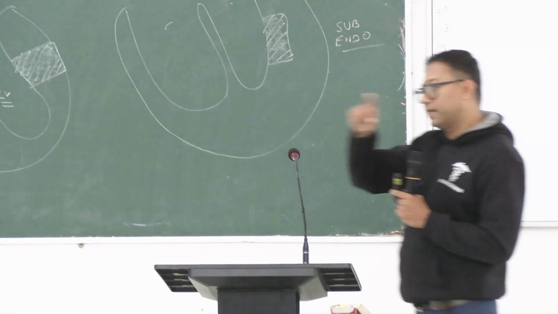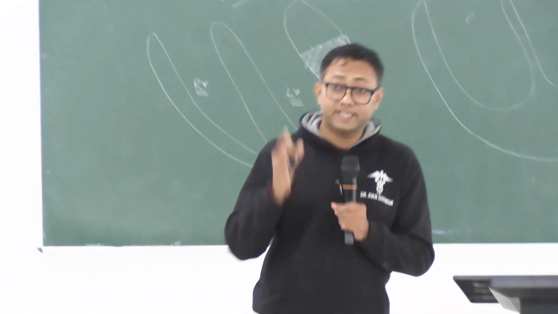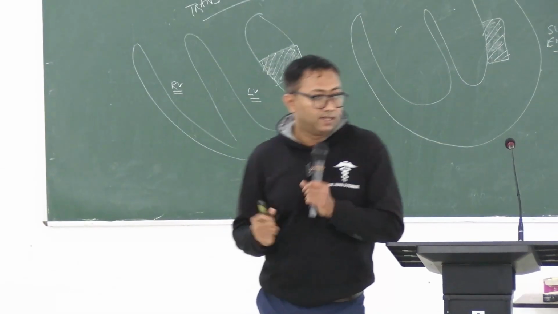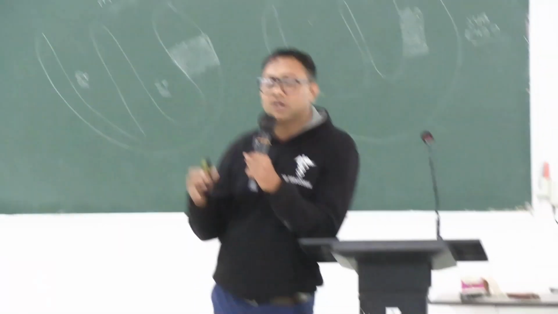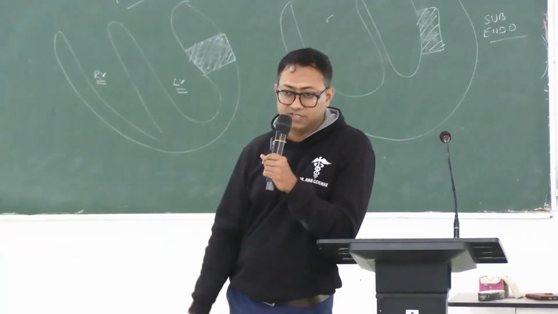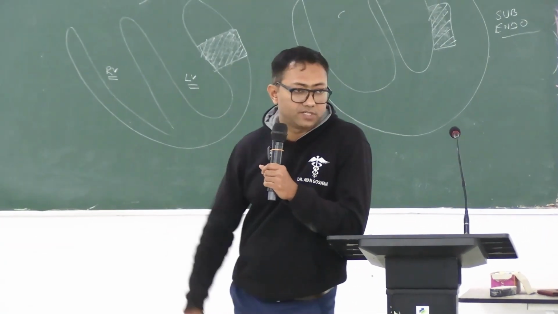T wave is usually upwards, and many times during acute coronary syndrome, T wave might be inverted, right? So these are the changes, but the major change is the ST segment change, and you now have the physiological explanation for this ST segment change. Either it is depression or it is elevation. Okay.